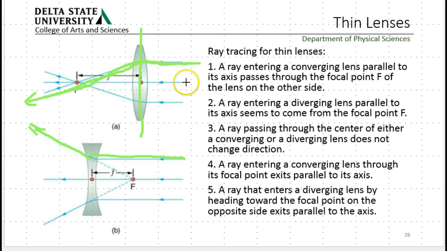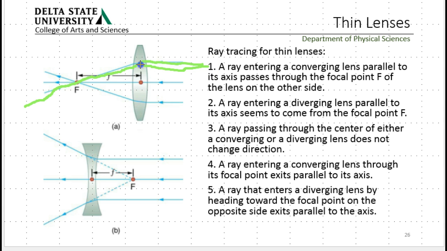3. A ray passing through the center simply passes through the center. If I could draw better, it would look better, but a ray passing through the center simply passes through the center. 4. A ray entering a converging lens through its focal point exits parallel. So in other words, if I shine a light ray along and it goes through the focal point, it comes out parallel.